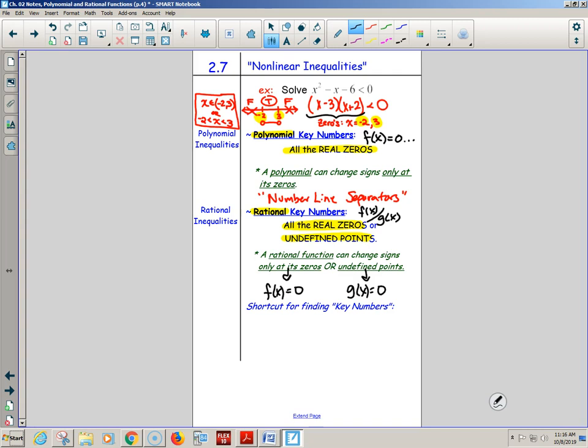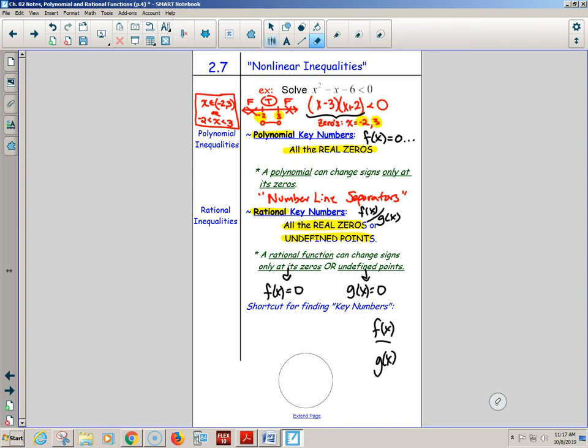So the shortcut for key numbers for a rational function is if you have some dude called, I don't know, p of x, just because that's his name. We'll do r of x for rational. If r of x equals an f over g, I like thinking about key numbers with a little pitchfork, because the pitchfork says set the top equal to 0.